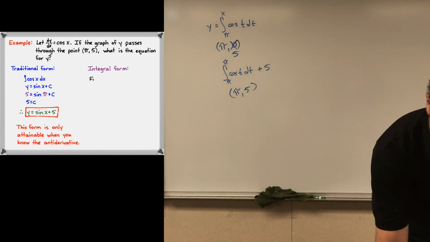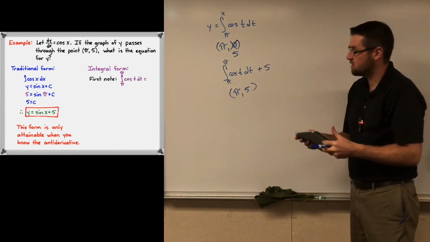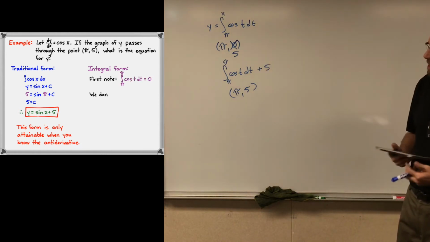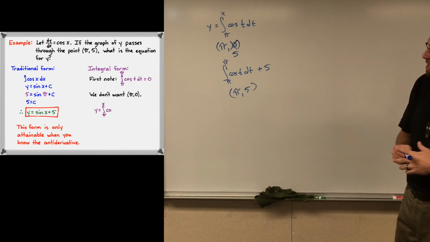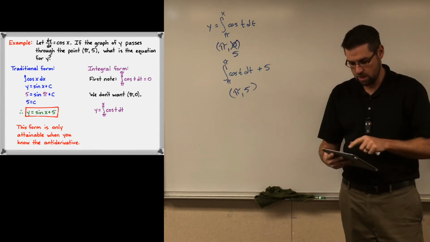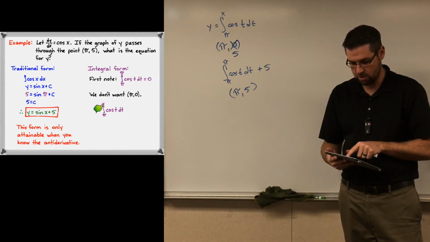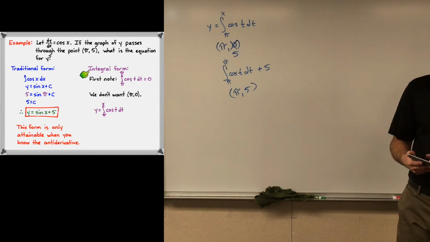Okay. Just try and wrap your head around that. The integral form, and again, I just said the integral from pi to pi of cosine of t dt is 0, but I'm going to write this like this. The integral from pi to x of cosine of t dt. Notice what's happening here. The variable is the upper limit, right? Where did this pi come from? Why did I choose to put pi there? Because that is the initial condition, right? What's an initial condition?